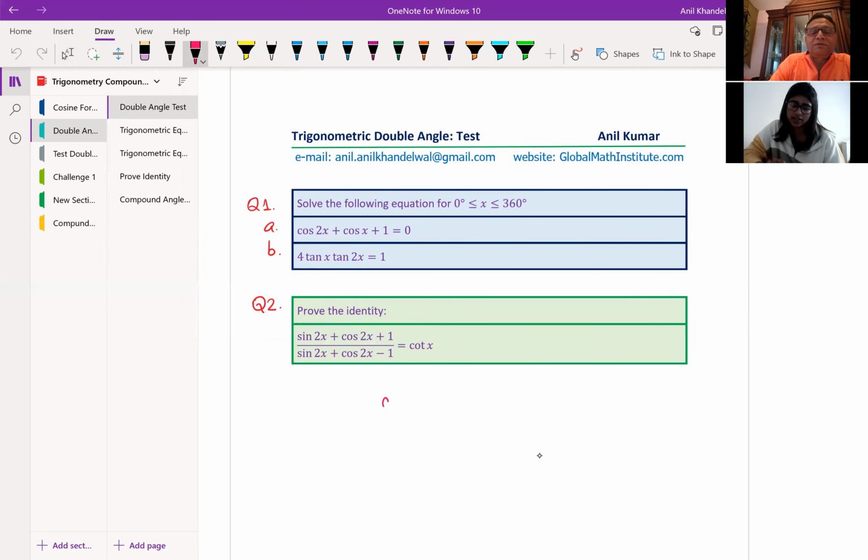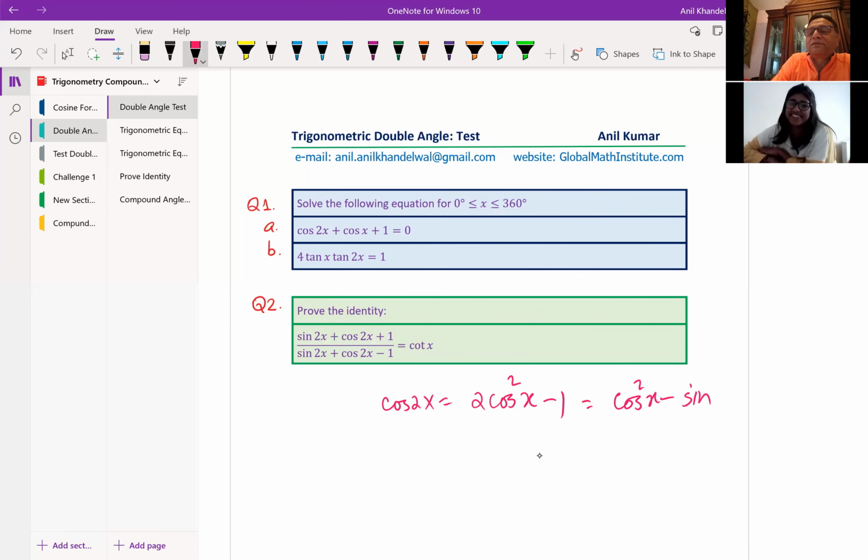Cos 2x is cos squared A minus sine squared A. Yeah, you're right. Now the quadratic equation should be written in one cosine only or sine only. We had three formulae, so we'll use this formula of 2 cos squared x minus 1.